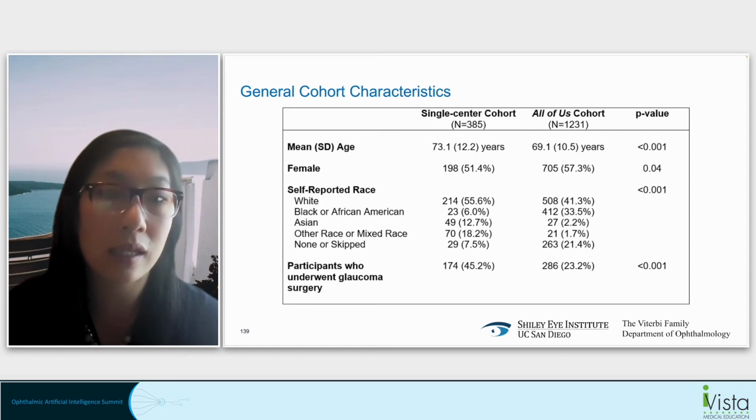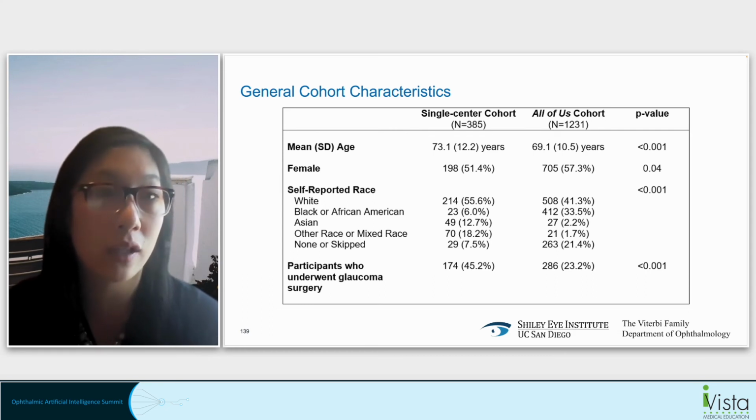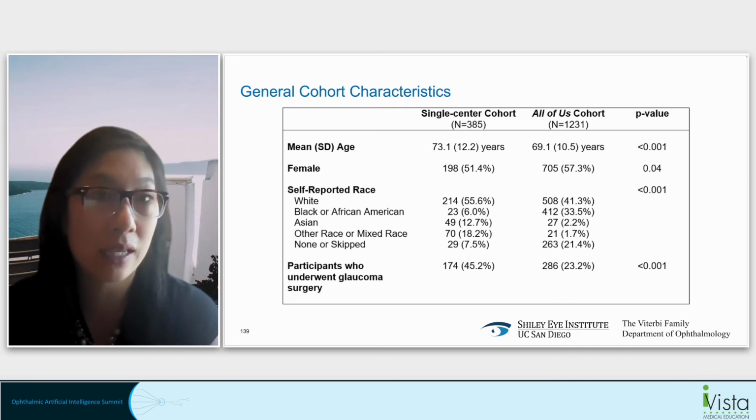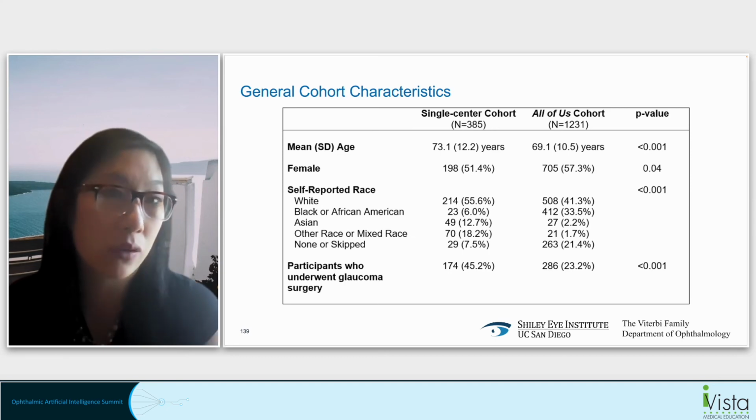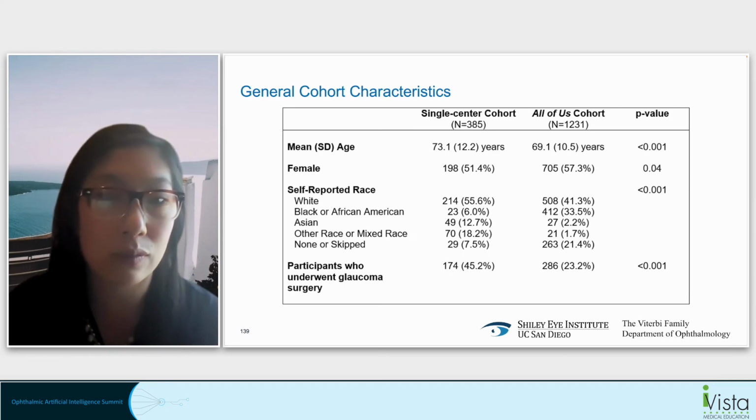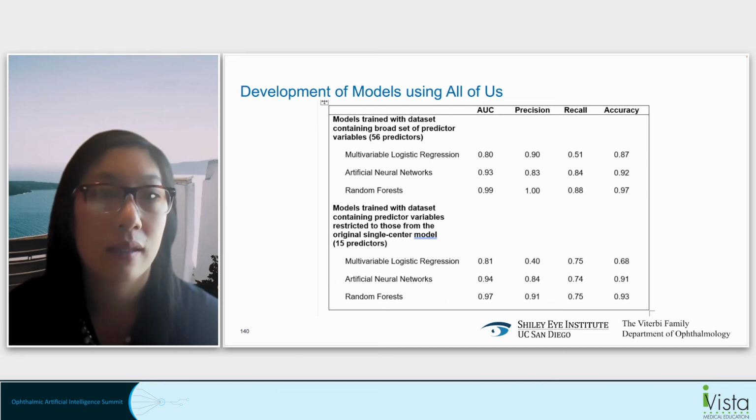Not unexpectedly, the proportion of our participants who underwent glaucoma surgery was higher at our academic center. It's a tertiary referral center for glaucoma and a well-known center. And so we were not surprised that in the general, population-based cohort this was not as high.